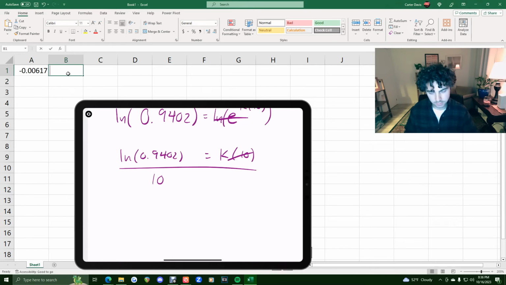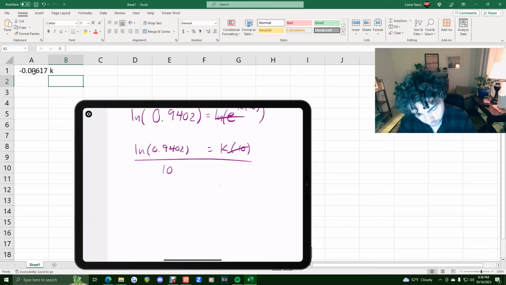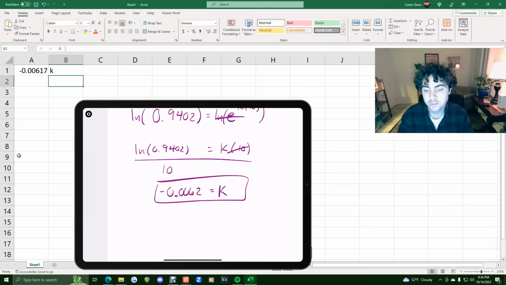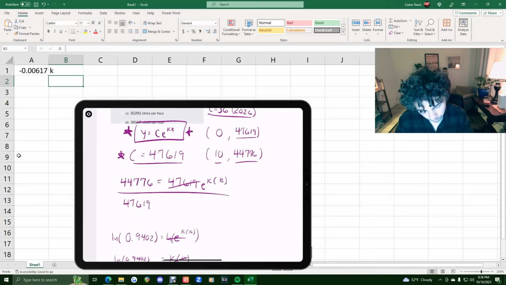Right away, this is our k value, which we can then use in just a moment. But I'll go ahead and write it here as well. So k is equal to negative 0.00617, so about negative 0.0062.